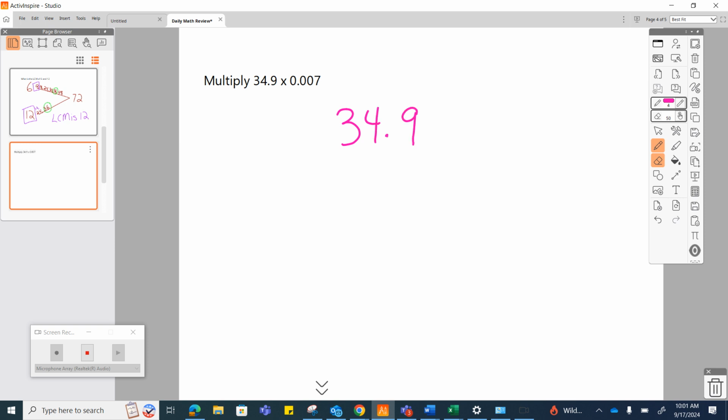Okay? So the first thing I'm going to do is multiply the second number, the 0.007, this digit, up. So basically, 9 times 7 is 63. I'll put the 3 here. Whoops. That is not what I wanted.